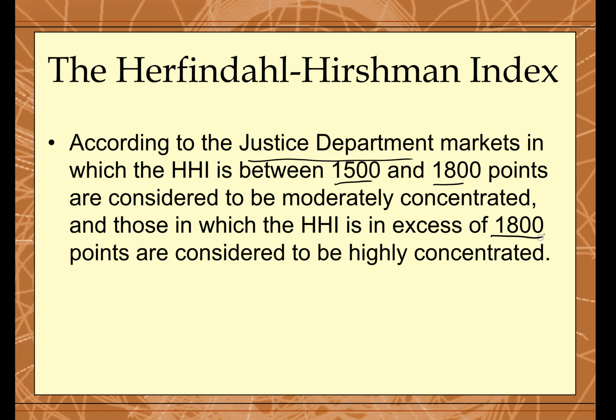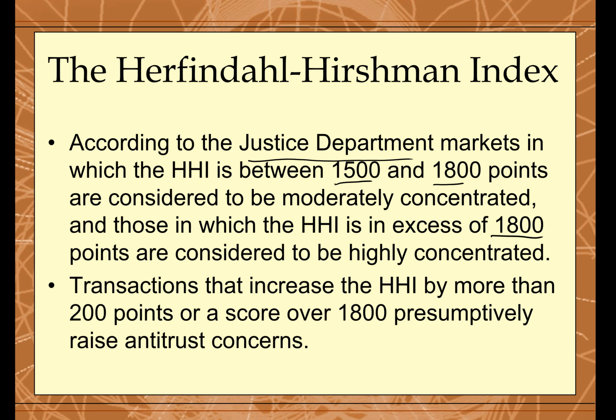Anything above 1,800, they consider to be excessively concentrated. And so what they say, now this word transactions, think of mergers and acquisitions. Mergers and acquisitions of firms that increase the industry by more than 200 points or put you over 1,800, they're going to say, no, you can't merge because that will reduce the level of competition to too great of a degree.